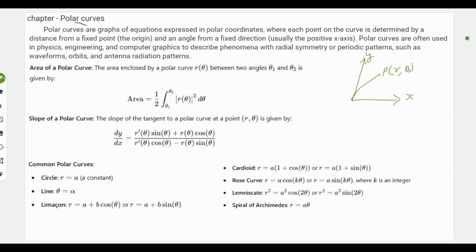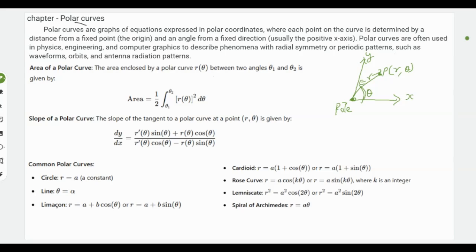This will be the radius vector, this will be the angle theta, and this will be the pole. In polar coordinates each point on the curve is determined by the distance from the fixed point, the origin, and the angle from the fixed direction, which is the positive x-axis.